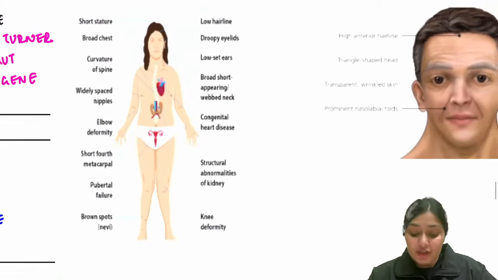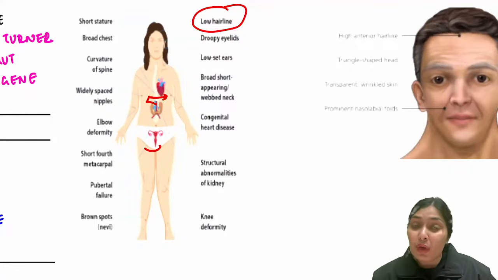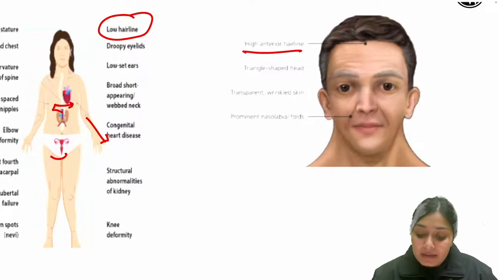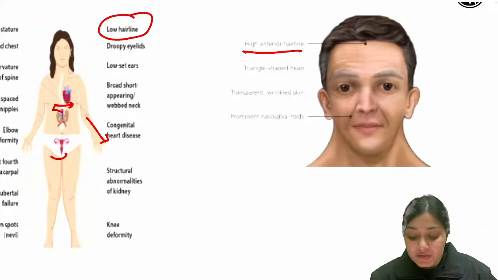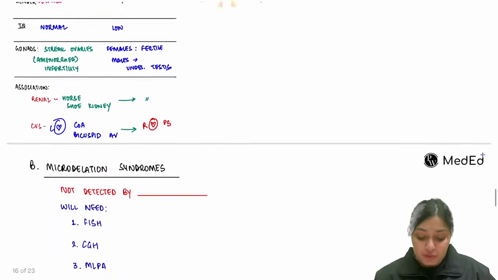Usually they have a short stature, low hairline, droopy eyelids, widely spaced nipples, congenital heart defects. Turner patients have streak ovaries, so amenorrhea, pubertal failure, infertility, increased carrying angle. And Noonan males have high anterior hairline, triangular shaped face. So these are the features of Turner and Noonan syndrome.